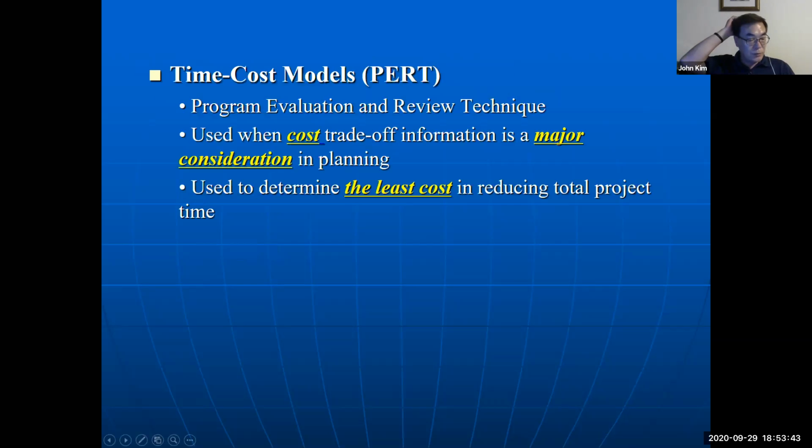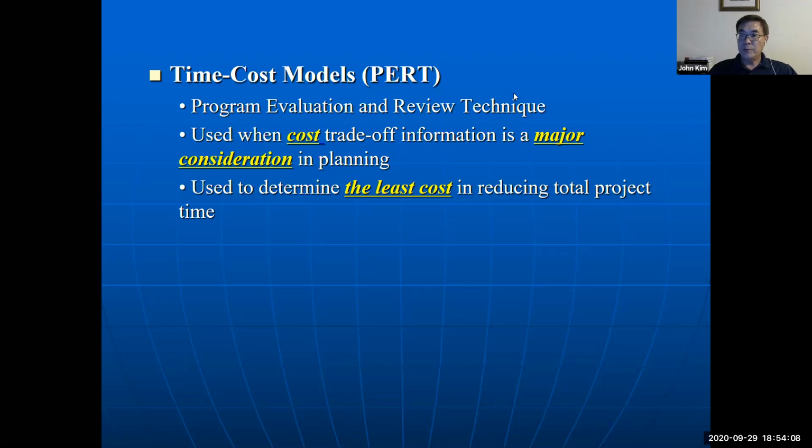This one is not in your lecture notes, but I just let you know what it is. PERT, CPM and PERT, difference between the two. In CPM, we have only time information.